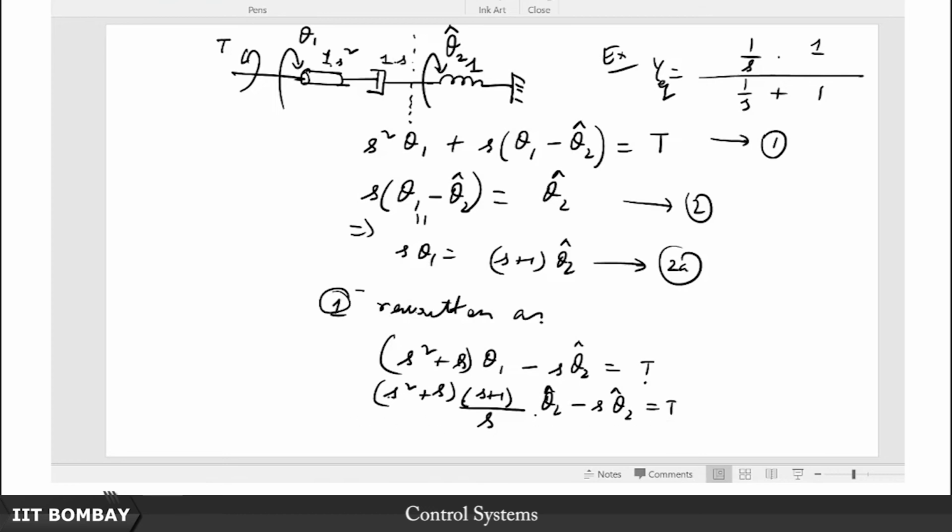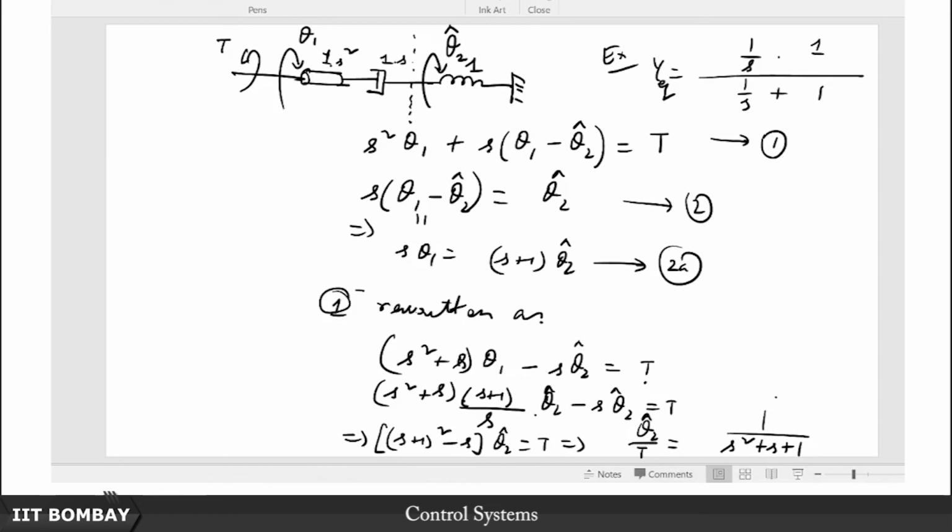Again I can pull out this S common and it cancels with this S. So you can easily see that this is (S plus 1) whole squared minus S common with theta 2 hat is equal to T, which tells me that theta 2 hat over T is nothing but 1 over S squared plus S plus 1, right.